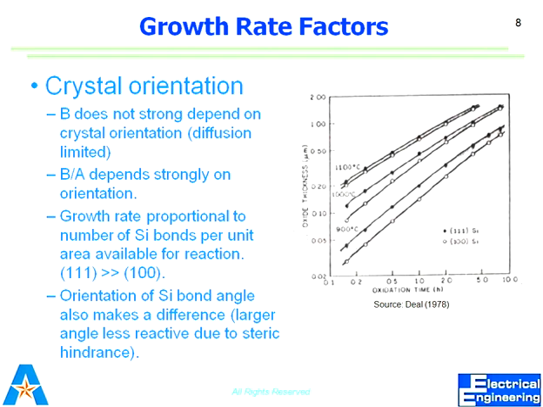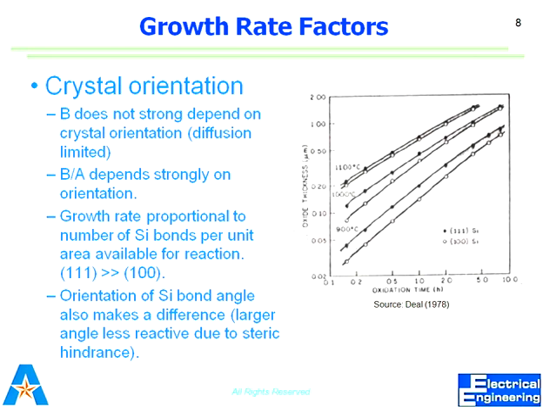That is actually the concentration of the atoms. In 1-1-1 we have more atoms of silicon as compared to 1-0-0. So the greater the number of atoms, the greater the availability of silicon atoms to react. So the growth rate is proportional to the number of silicon bonds per unit area available. That's why 1-1-1 is greater than 1-0-0.